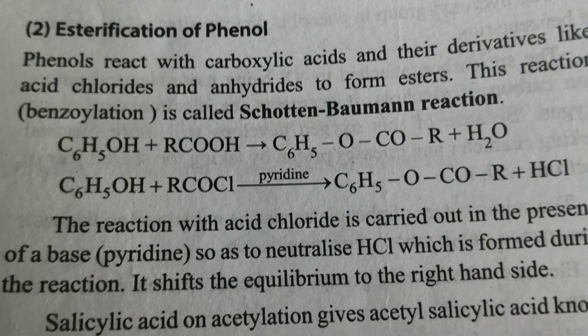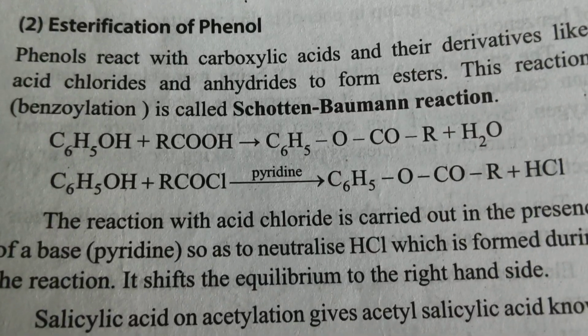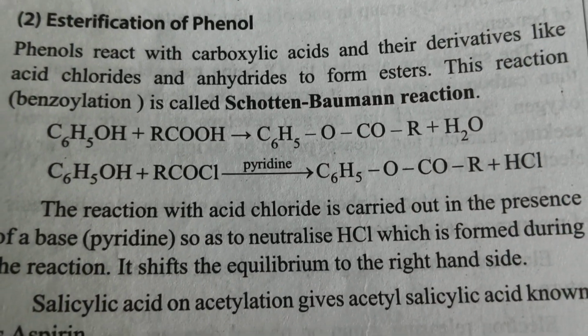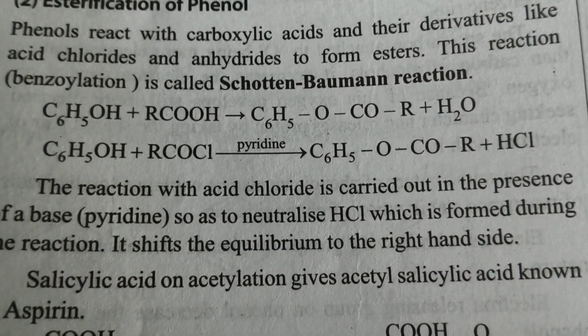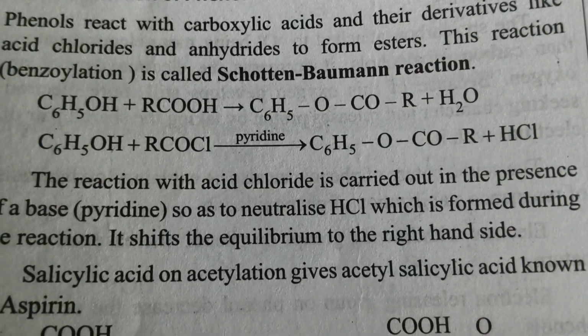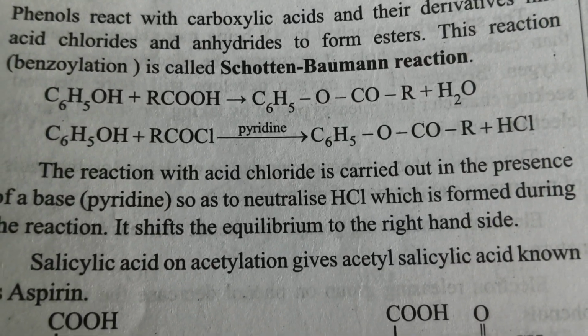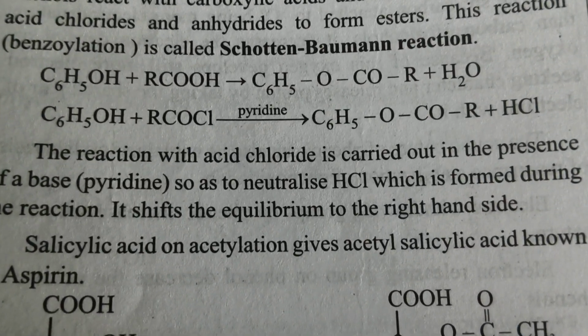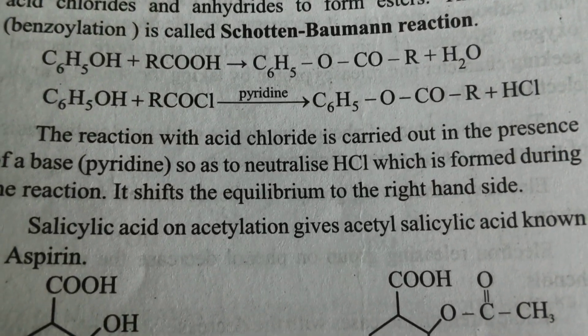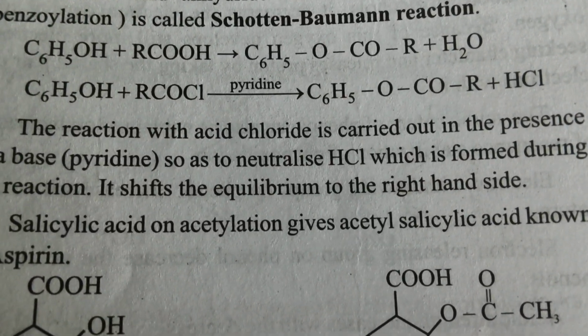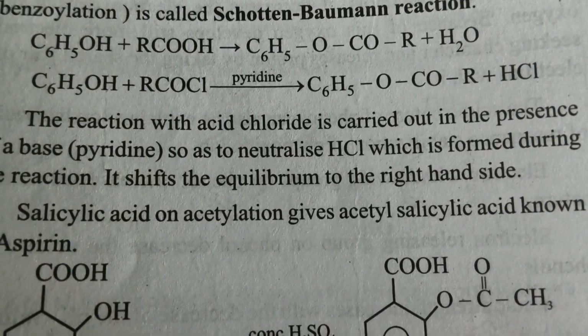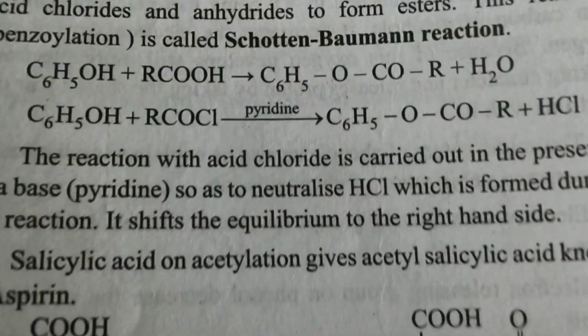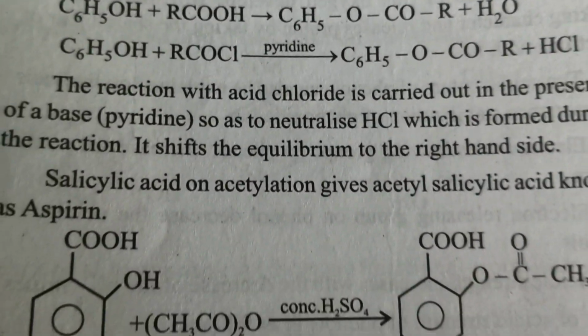Esterification of phenol. Phenol reacts with carboxylic acids and their derivatives like acid chloride and anhydride to form ester. The reaction is called the Schotten-Baumann reaction. C6H5OH + RCOOH → C6H5OCOR + H2O. This is the reagent, pyridine.